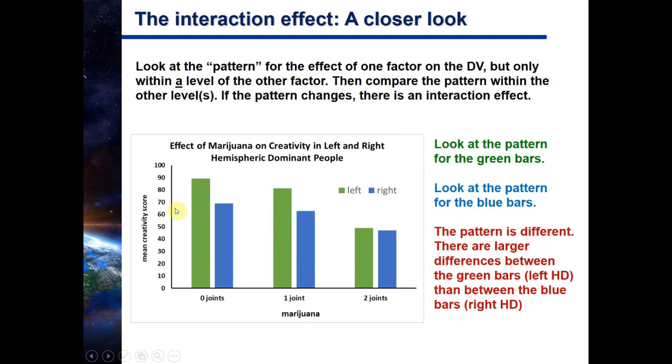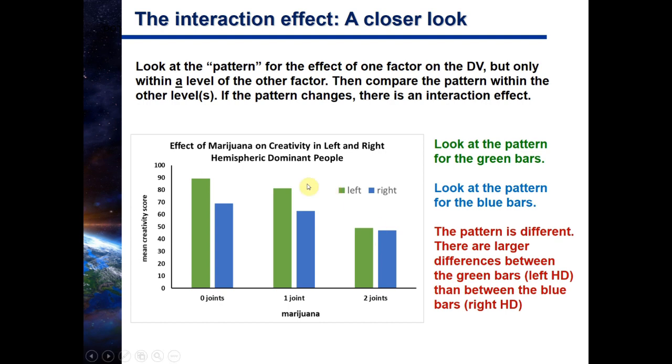This blue bar is at about 65, and this one is at about 50, so that's only about a 15-point drop. From green to green it was about 35, but here it's only about 15, maybe 20. So there is a pattern change.